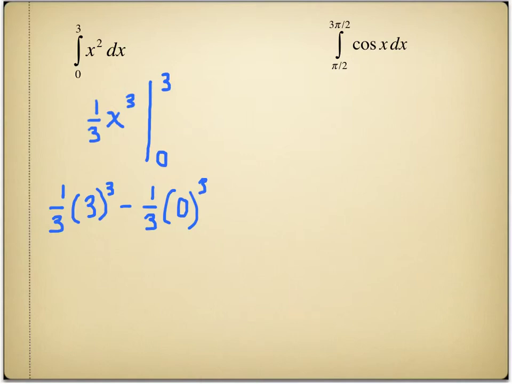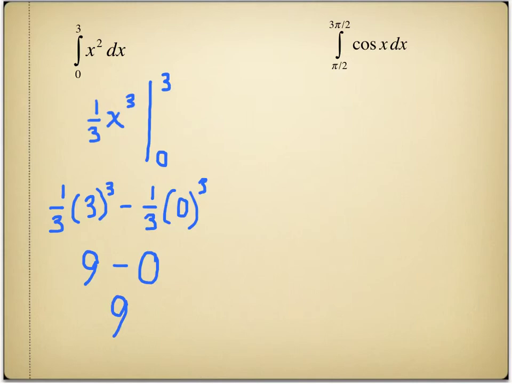Well, 3 to the third power, that should be 27. And 27 times 1/3, or 27 divided by 3, should be 9, I believe. Meanwhile, 0 to the third is just 0, which gives me 0 here. So the answer to this integral is 9. Now, we'll do some tougher ones than this, but this is just kind of a basic example.